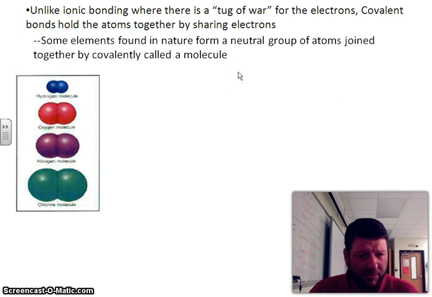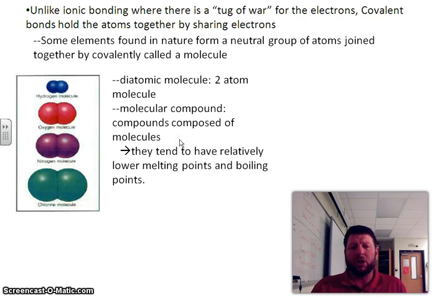Some elements that we find in nature form a neutral group of atoms joined together covalently, called a molecule. All right. Over here to the left-hand side, you see a picture of a hydrogen molecule, an oxygen molecule, a nitrogen molecule, and a chlorine molecule. Now, those are drawn bigger on purpose because hydrogen atoms bonded together are smaller than the chlorine molecule when the two chlorines are bonded together.